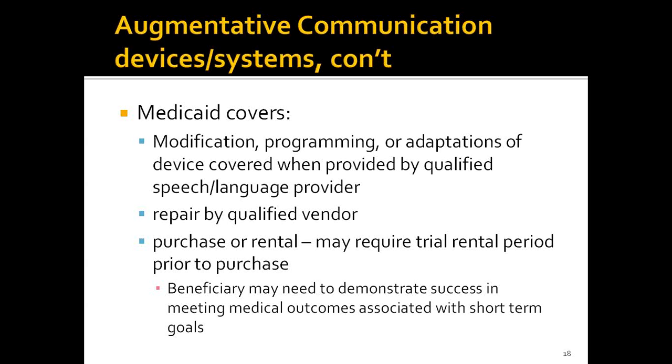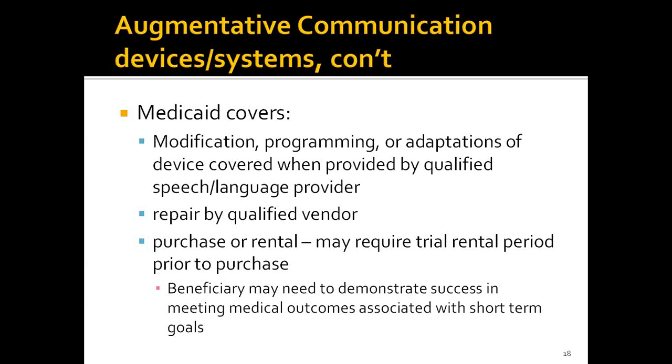In addition to providing the device for AugCom devices, Medicaid will cover modification, programming, and adaptations of the device when it's provided by a qualified speech-language provider, which I think is important, particularly because so many of these devices can be complicated and need that kind of service available to be able to use it appropriately.